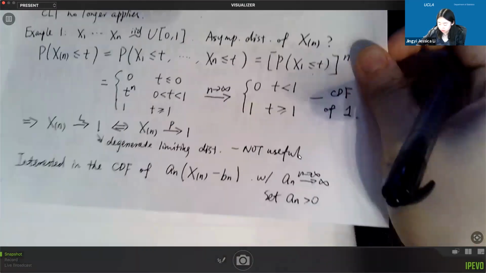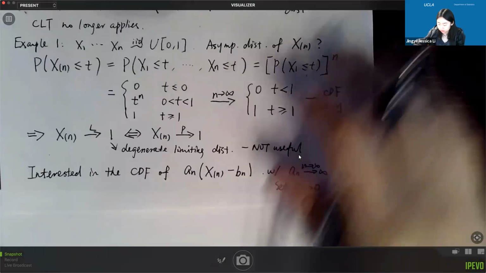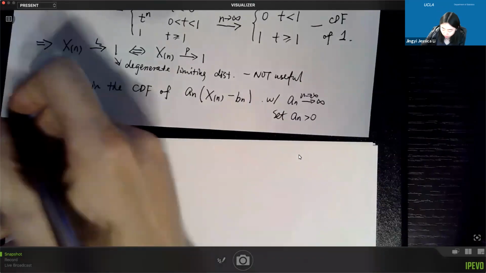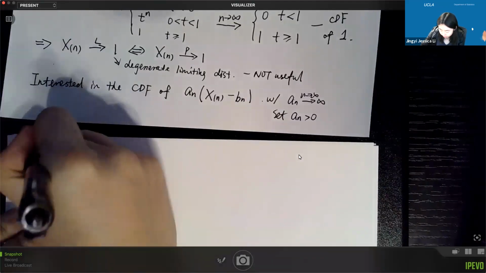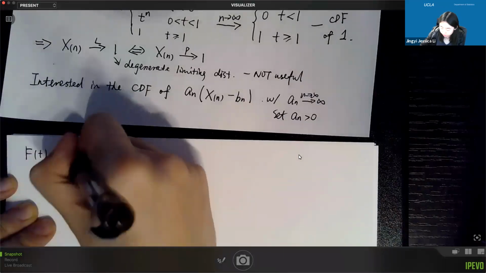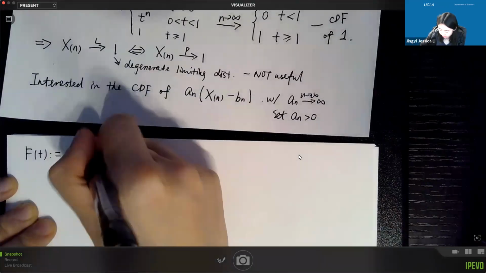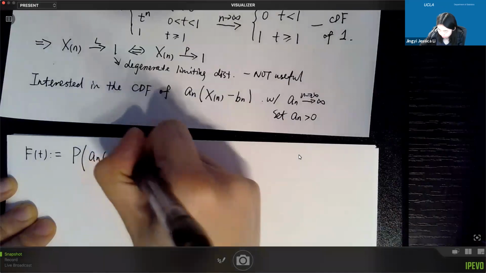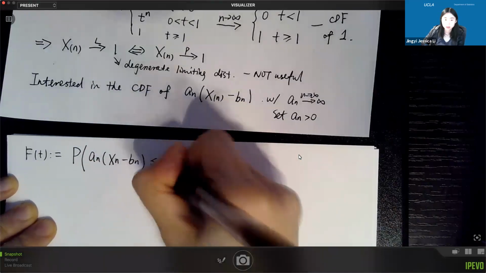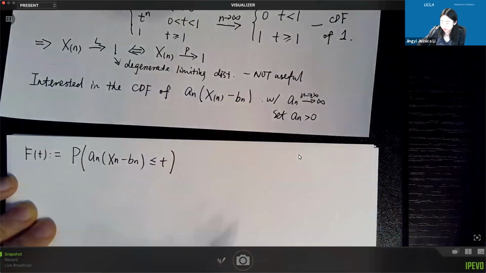Okay, so then the CDF of this An Xn minus Bn, we denote by Ft for notation simplicity. It's the probability that An times Xn minus Bn is less or equal than t. Now you see why I want to set An to be positive. Then I can divide by An on the right-hand side without changing the direction of the inequality.